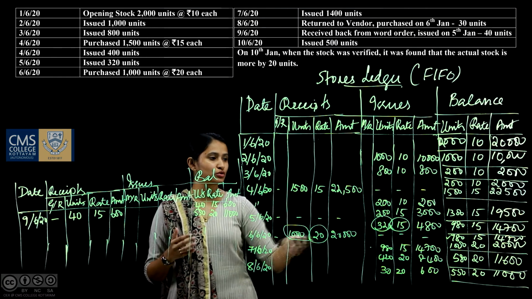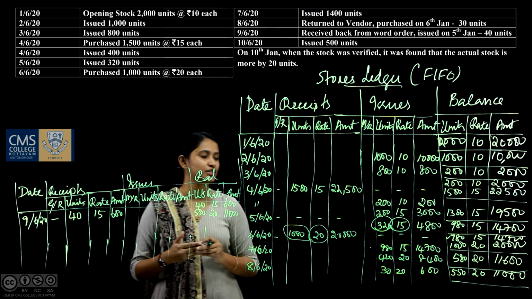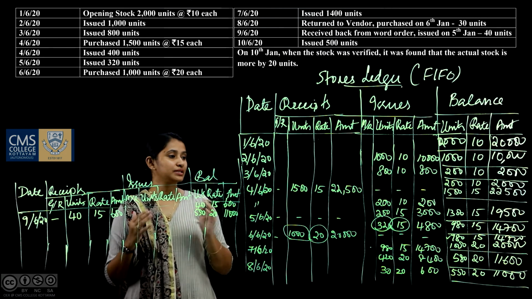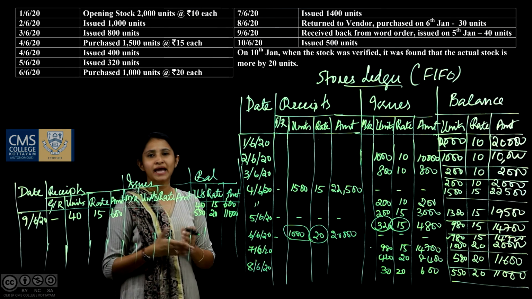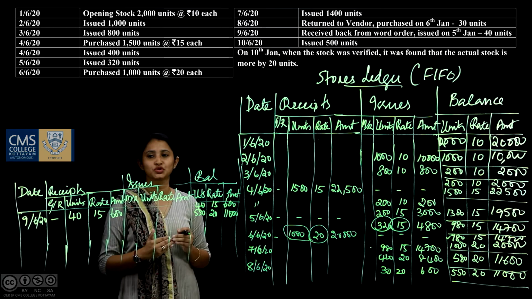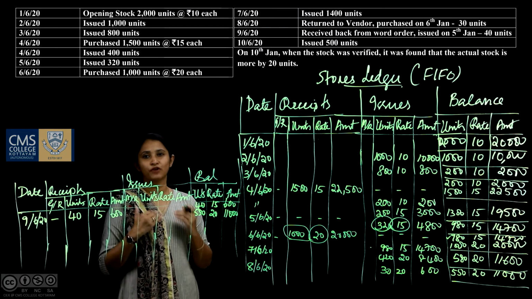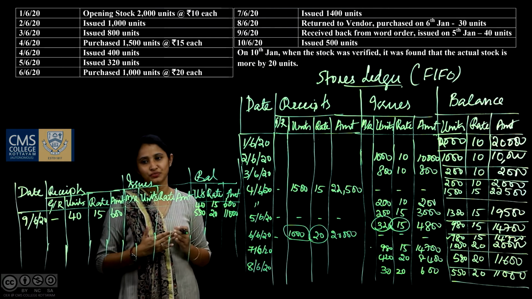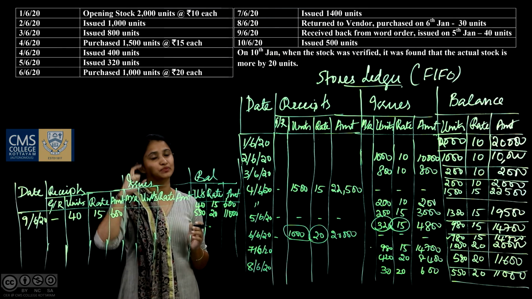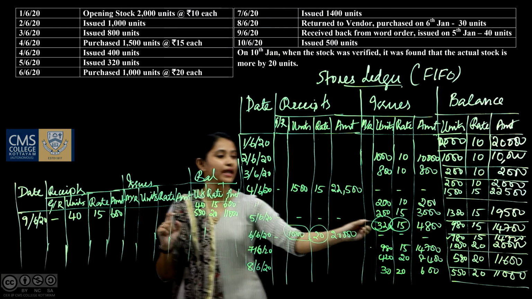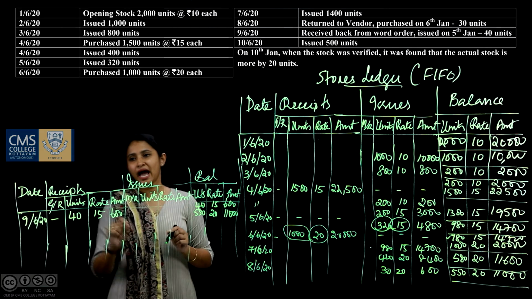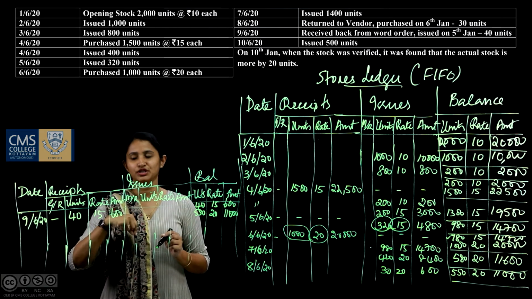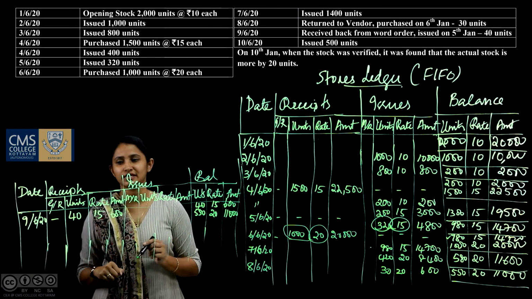So, on 5th June, if we look at the entry in the stores ledger, we had issued 320 units at rupees 15 per unit, and the production department on 9th June is returning back 40 units from that issue. So, we have to take that day's price itself, that is the day in which the issue was made, that unit price itself we should take. And because it is a return from the production department, we have to enter that in the receipt column.